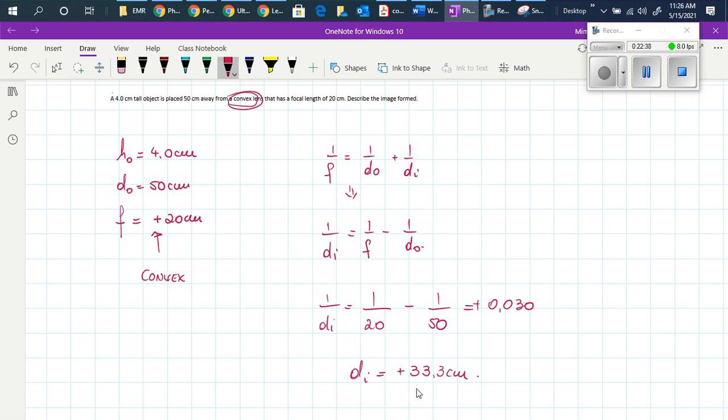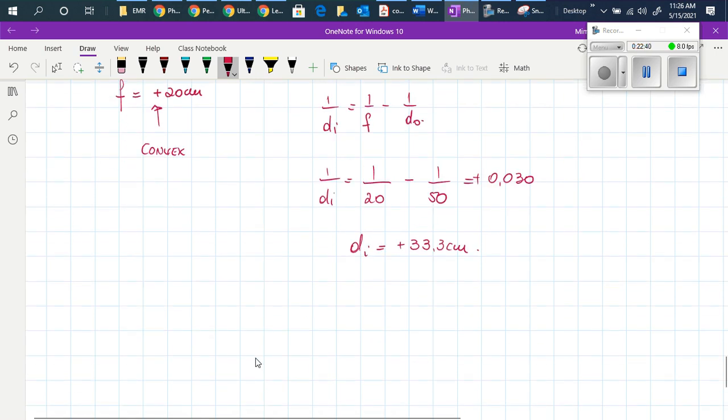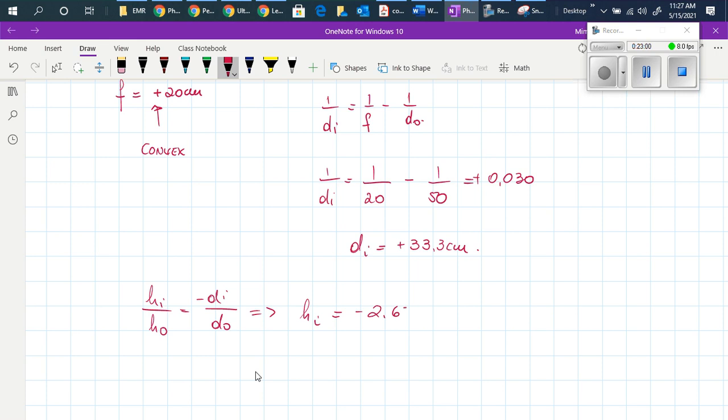And if we take a look at the height of the image, then we'll use the magnification. hi over ho is equal to negative di over do. And from here, we can find that the height of the image is negative 2.67 centimeters.